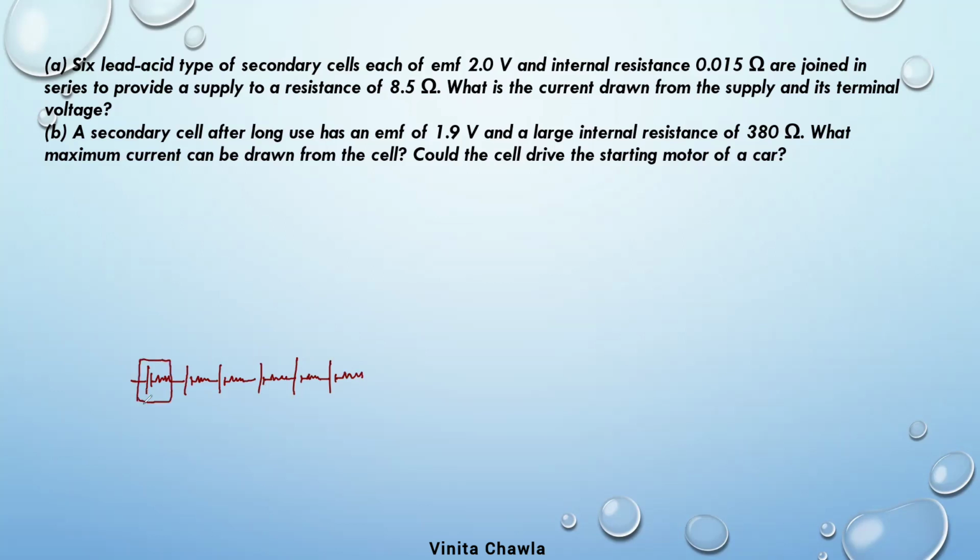So this forms one cell and this resistance represents the internal resistance of the cell. Okay. So EMF is given, EMF is 2 volt and internal resistance of the cell is 0.015 ohm. Okay. And they are joined in series to provide a supply to a resistance of 8.5 ohm. So we are just connecting this system of cells with a load resistance, and the value of this load resistance is given to you. It's 8.5 ohm.